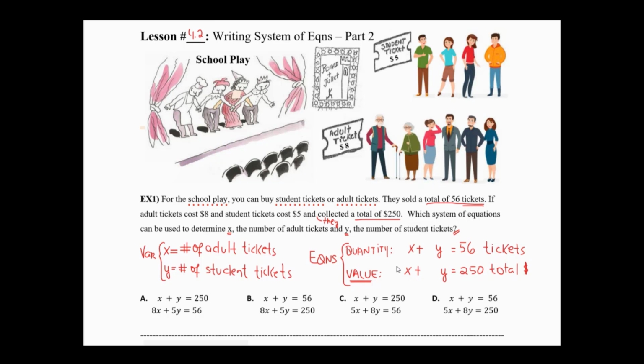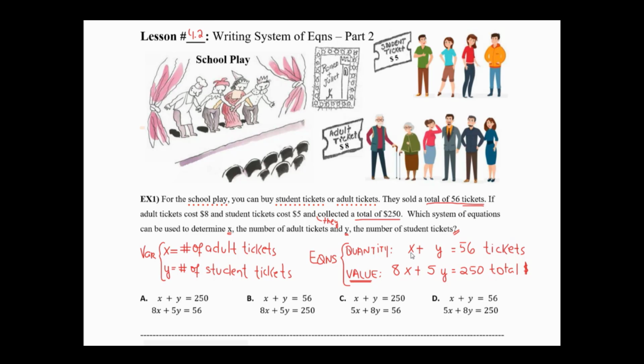The value of an adult ticket is $8 and the value of a student ticket is $5. So $8 per adult plus $5 per student equals a total of $250. If you notice, dollar plus dollar equals total dollars.